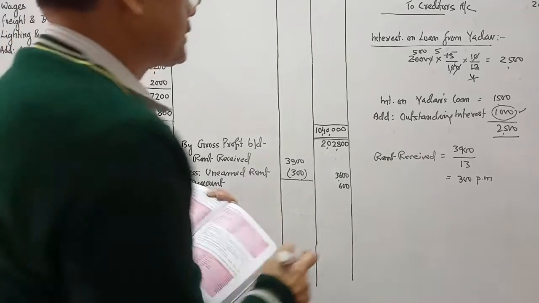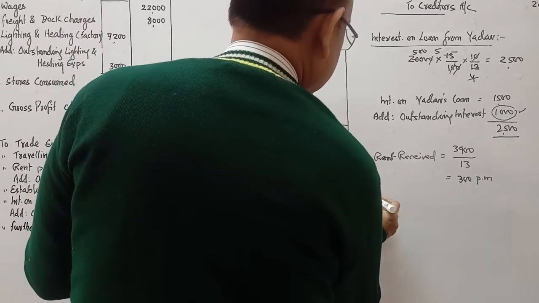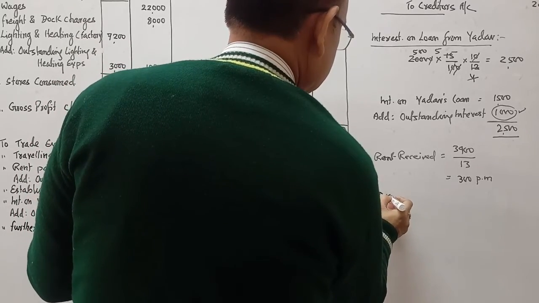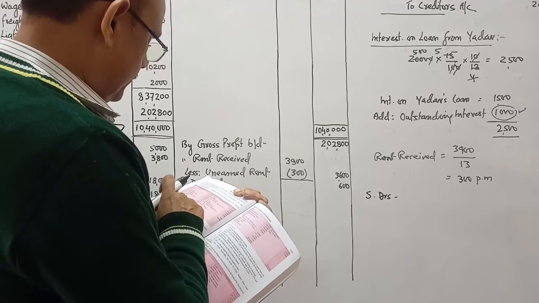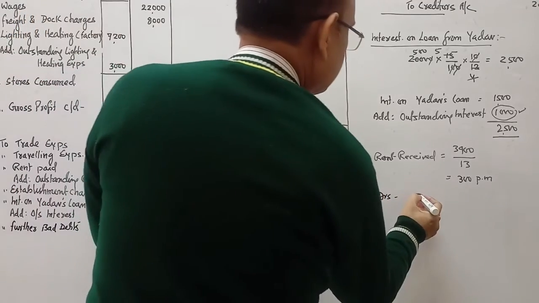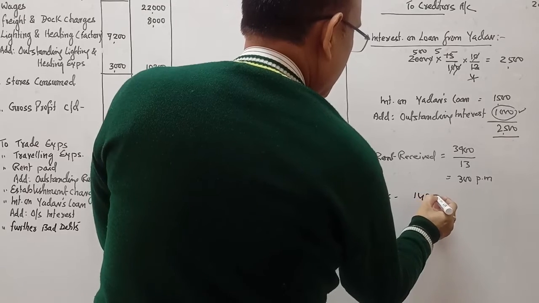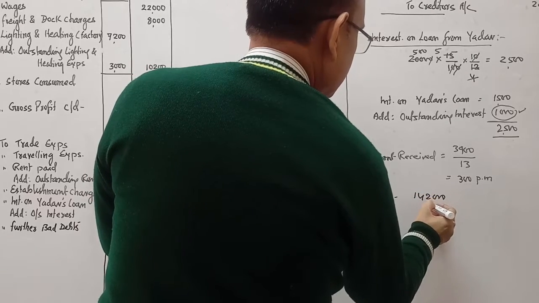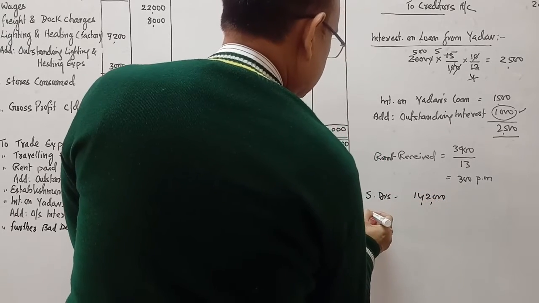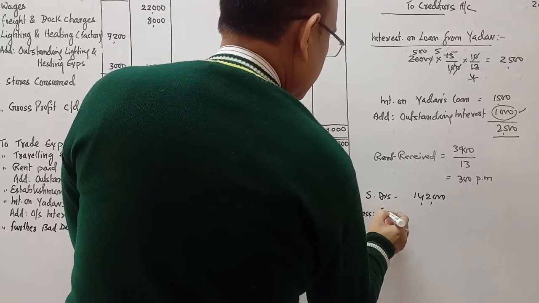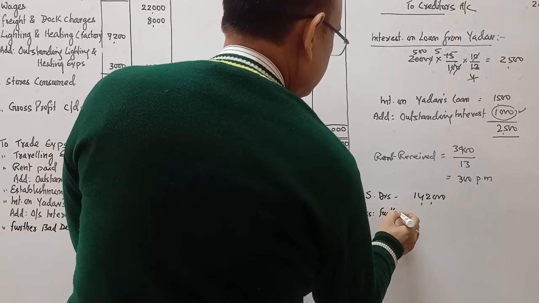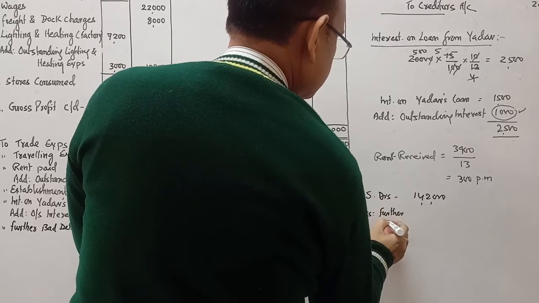Sundry debtors given in the trial balance is 1,42,000. Out of these 1,42,000, you deduct the further bad debts first.